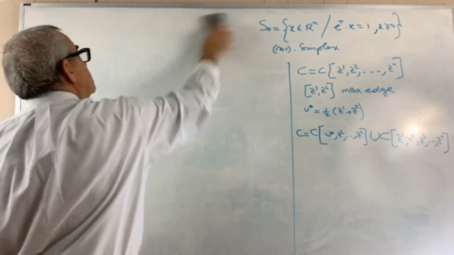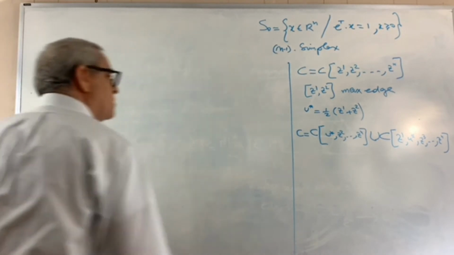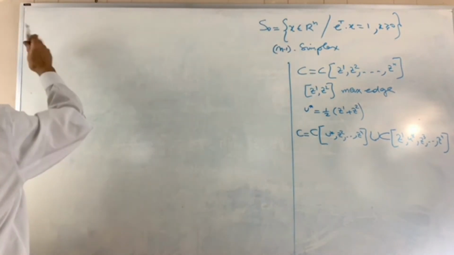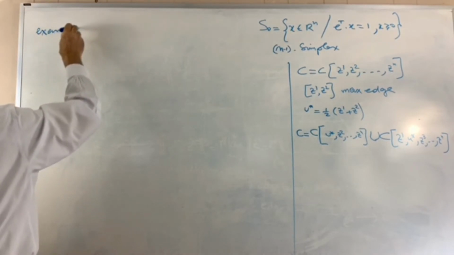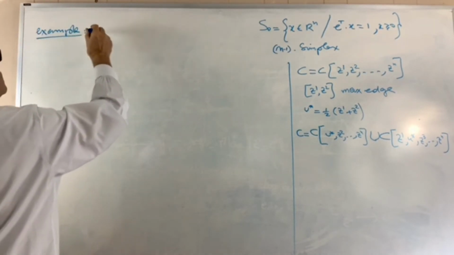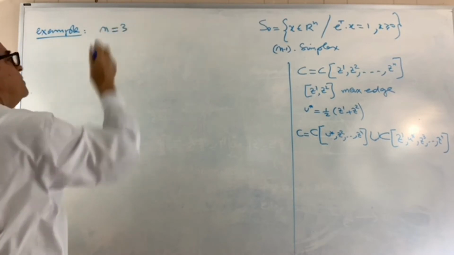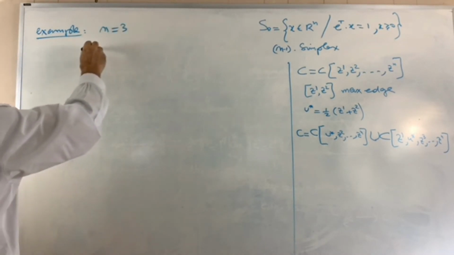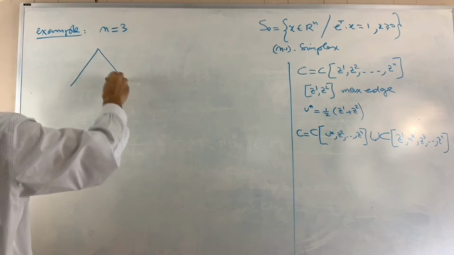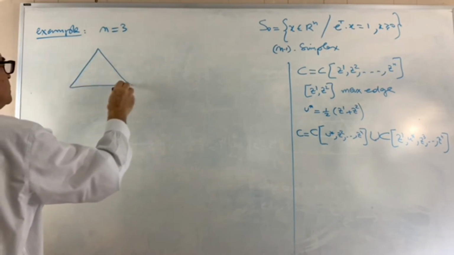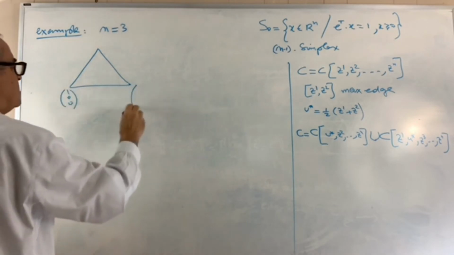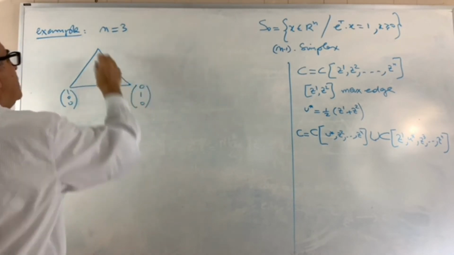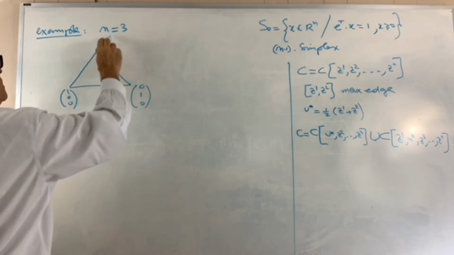So let's see what's happening. Let's do an example for n equal to 3. Here's my initial equilateral triangle. This is 1, 0, 0. This is 0, 1, 0. And this is 0, 0, 1.